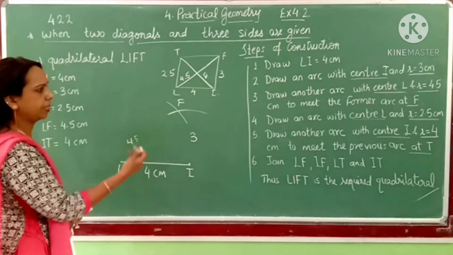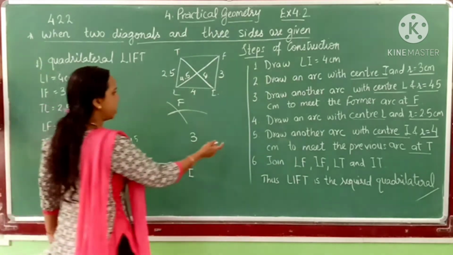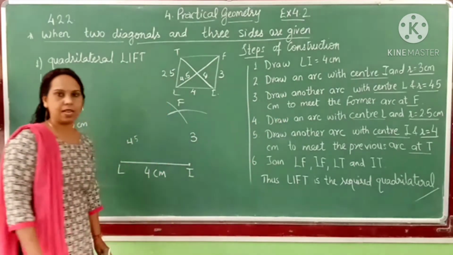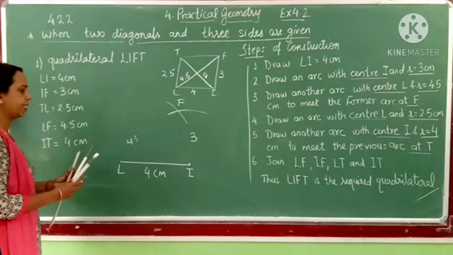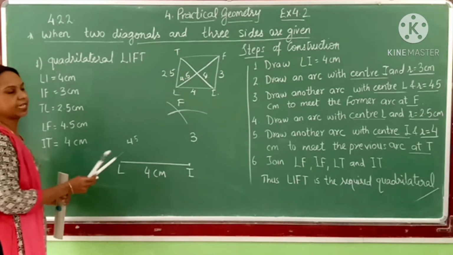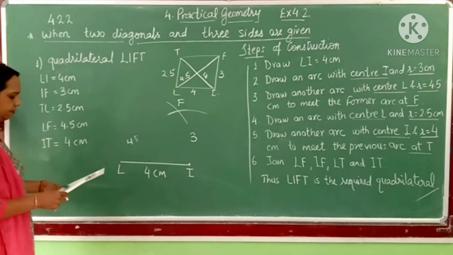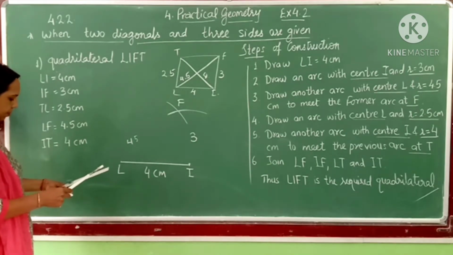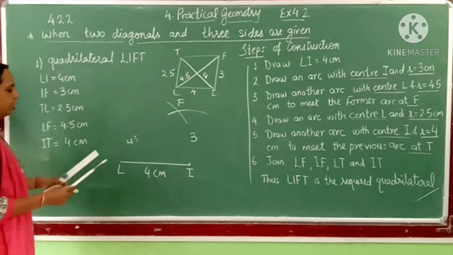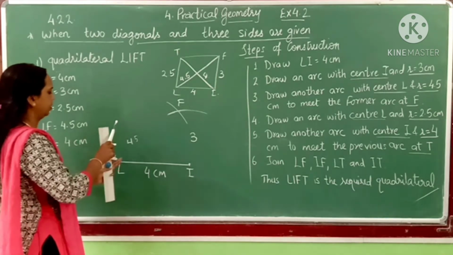So next step is draw an arc with the center L. Now here we will take the center L again, but what will be the radius? 2.5. So you can take the radius 2.5 and draw one arc over here.